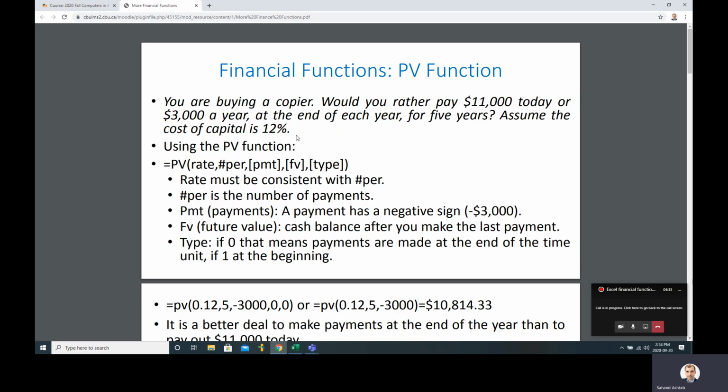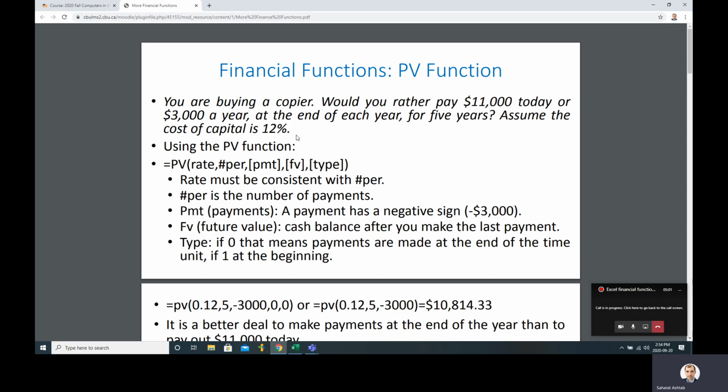So one is very straightforward. You have to pay $11,000 today. But the other question is, if I'm supposed to pay $3,000 for 5 years, at the end of each year, what is the present value of those five payments? Knowing that there's this concept of time value of money, because the same amount of money has a different buying power as time progresses.